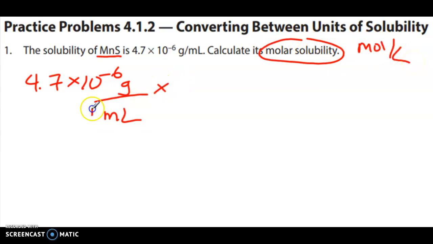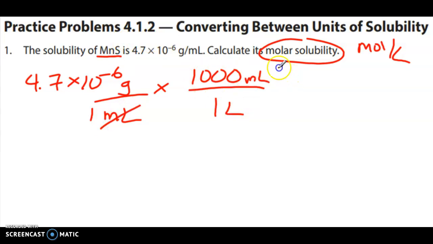So the first thing I'm going to do is convert our milliliters into liters. So every 1,000 milliliters, we know we have 1 liter, right? So that now we have grams per liter. We've got the liter part there. So to essentially get our moles, we have to take a look at the molar mass, right?